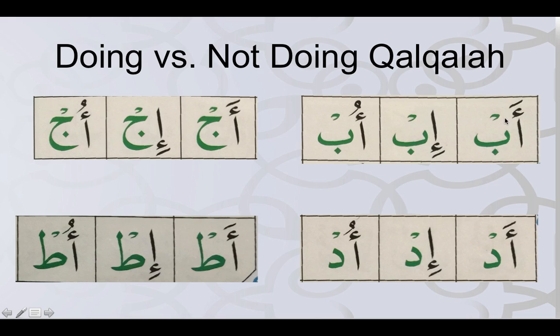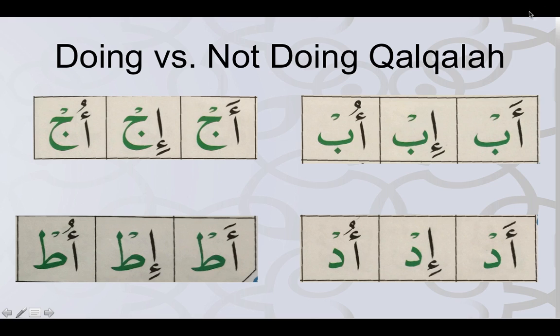This is hamza fatha and then a ba sukoon. First I'm going to pronounce for you how it would sound if you sounded it correctly. There is going to be a slight bounce on the sound, and I want you to listen to how I pronounce the ba. This is hamza fatha ba sukoon ab.